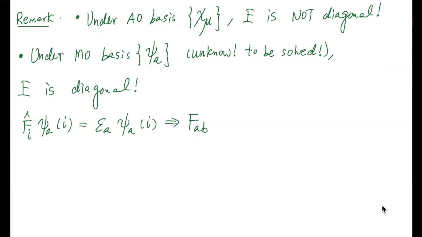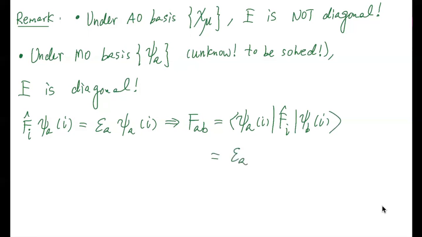So if you use the molecular orbital basis to calculate your Fock matrix, which means you're doing psi_A(i), Fock operator, psi_B(i), this is equal to epsilon A times delta AB, right?